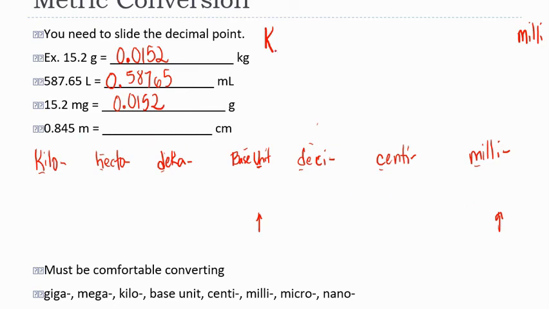Here, for this one, we are moving from meters, and we're going this direction to get to centimeters, and I need to go twice. So this should have been 84.5. Easy enough? Everybody okay with that? I think that's all I had. Yep, that's it for today.